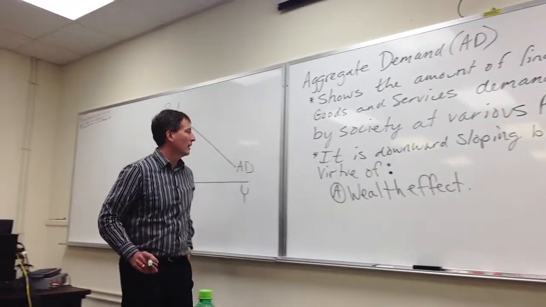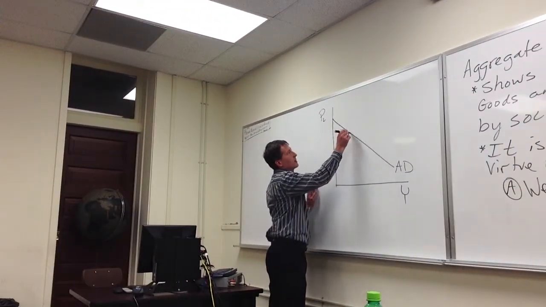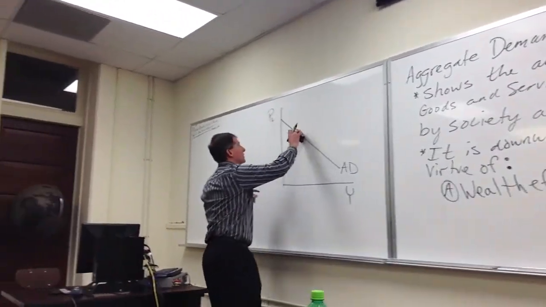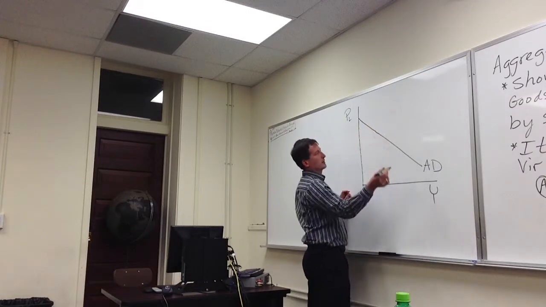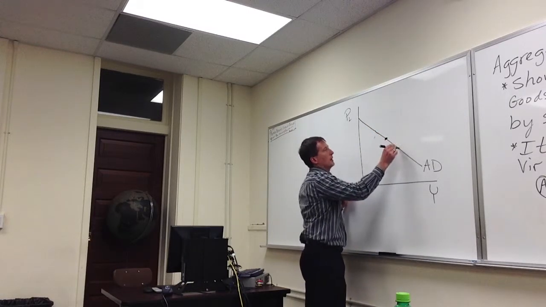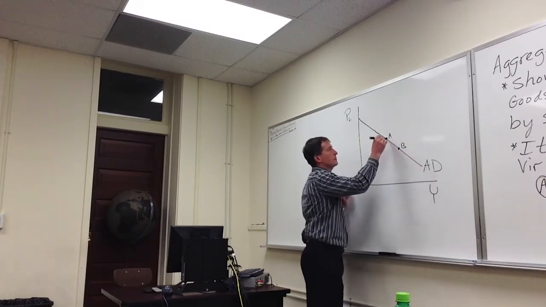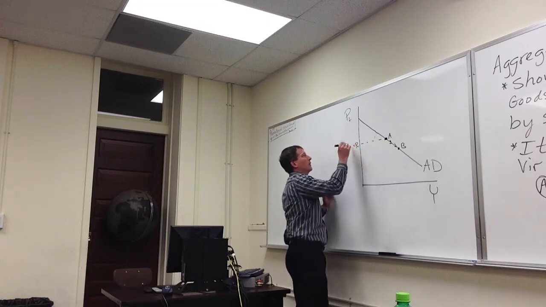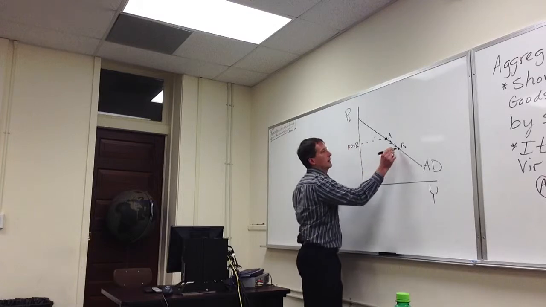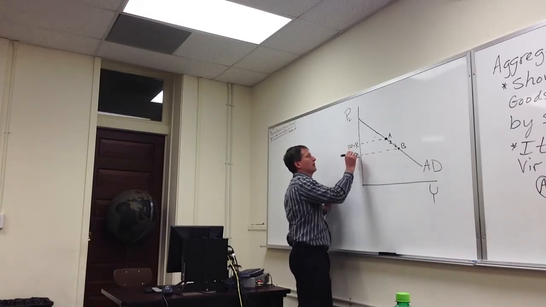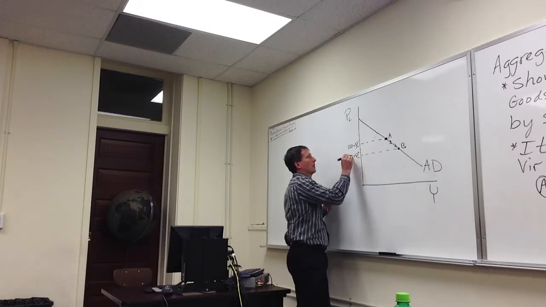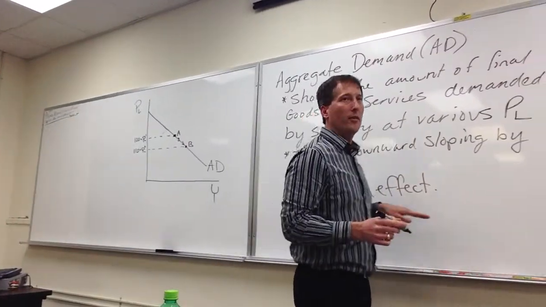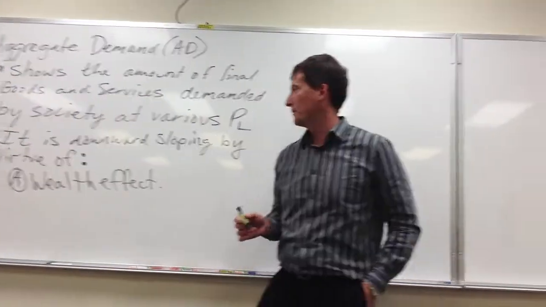All I'm trying to explain, for the most part, is a movement from, let's say, A to B. If the price level falls from 120 to 110, that is going to increase our wealth, our real wealth.